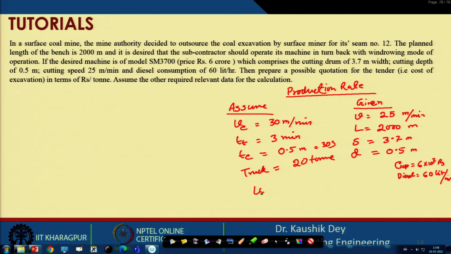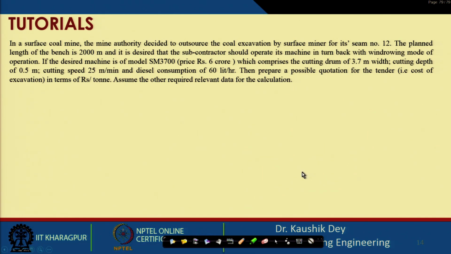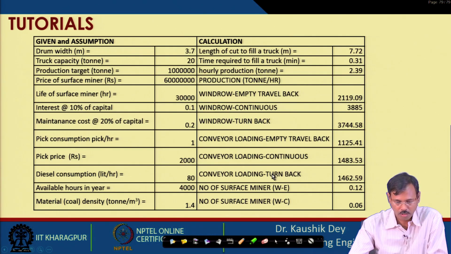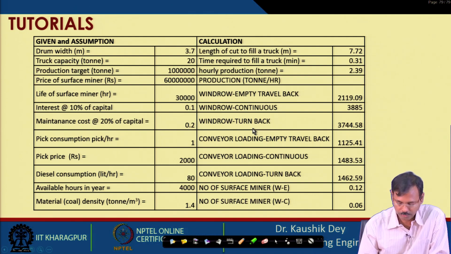So, your LT will be calculated as 35.7, density also assume in situ density of coal also assume 1.4 ton per meter cube. So, let us assume all these things and utilizing this we can have calculations.